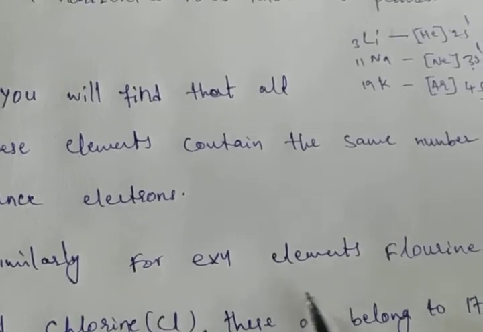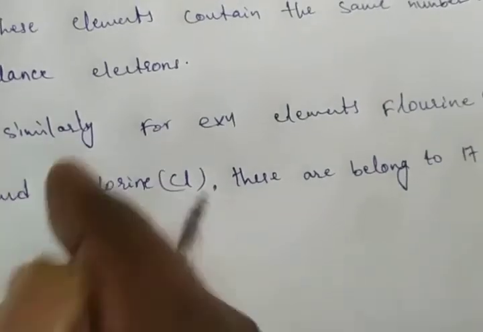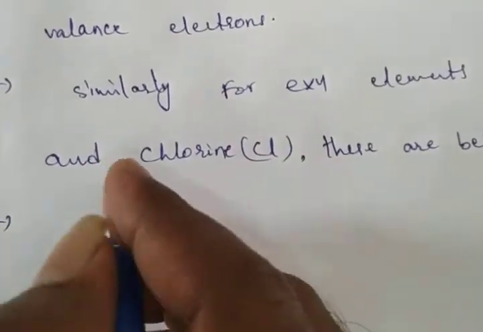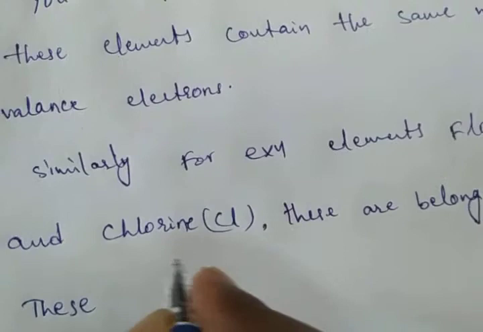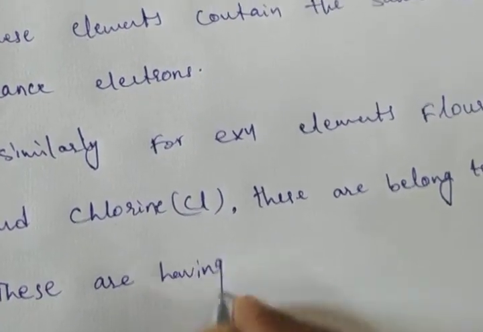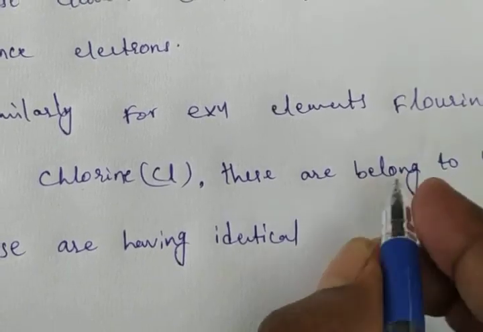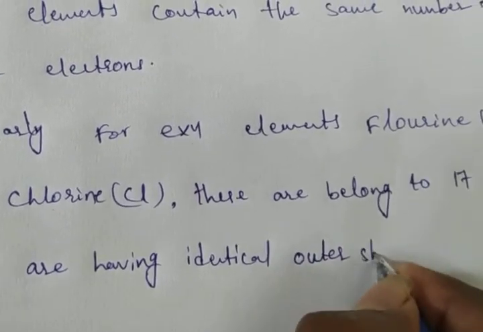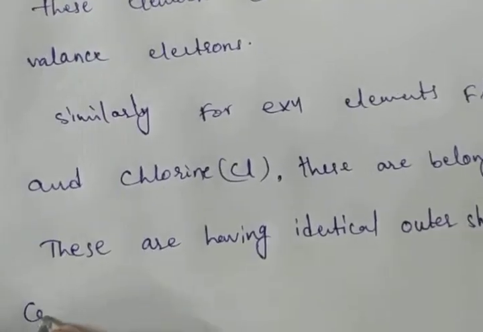In this example, the elements fluorine and chlorine belong to group 17. They have similar electronic configurations in their valency shell, similar or identical outer shell electronic configuration.